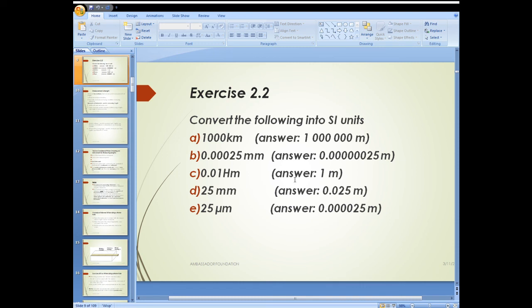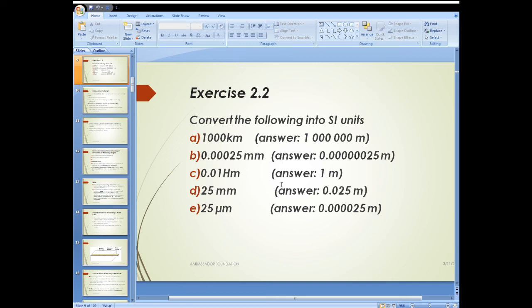Exercise here for you. After everything we are supposed to come up with an exercise, and you are told to convert the following into SI units. 100 kilometers, 0.00025 millimeters, 0.01 hectometers, 25 millimeters, 25 micrometers. Then in brackets I've given you the answers.